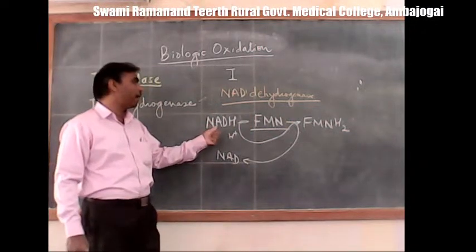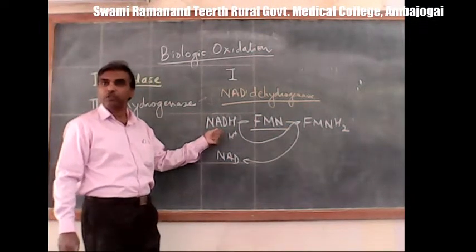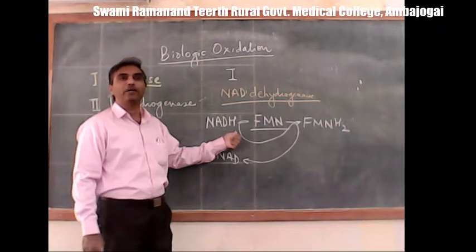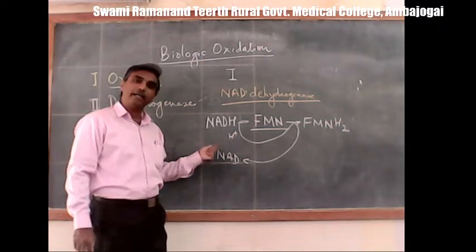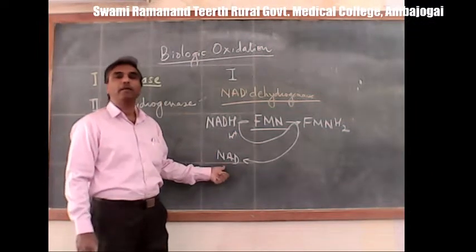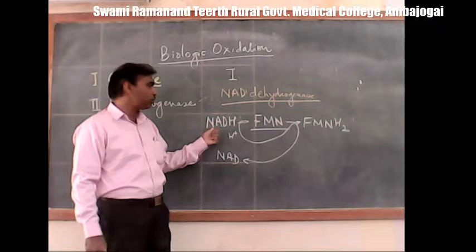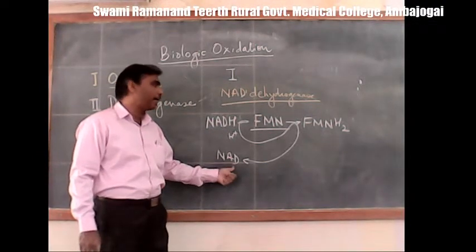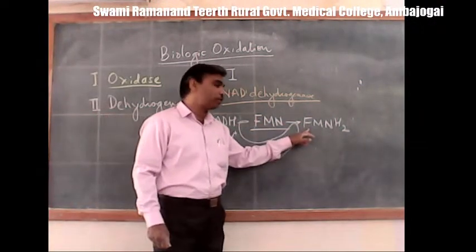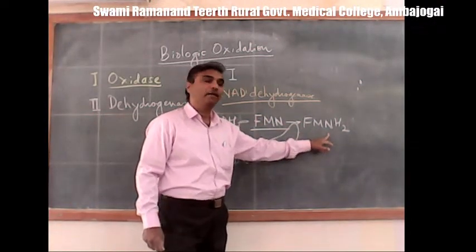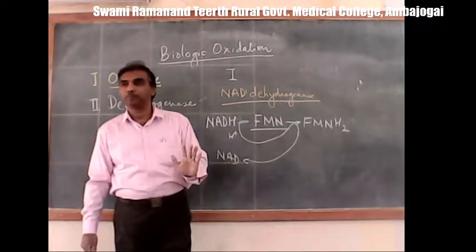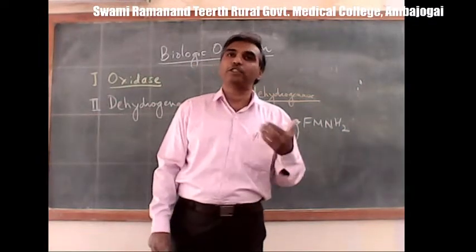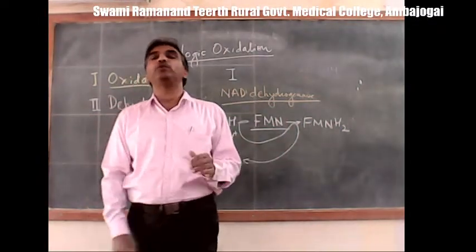This is nicotinamide adenine dinucleotide reduced. When H is added, it is called reduced nicotinamide adenine dinucleotide, and when it is NAD, it is called nicotinamide adenine dinucleotide. Similarly, reduced flavin mononucleotide and flavin mononucleotide. So instead of calling it FMNH2, we call it reduced flavin mononucleotide.